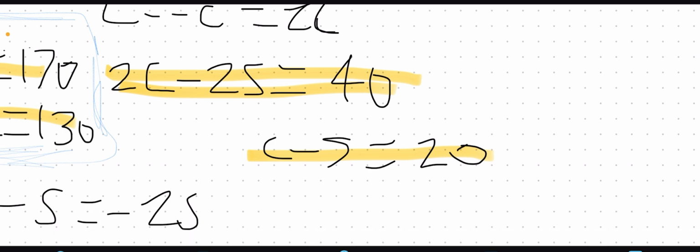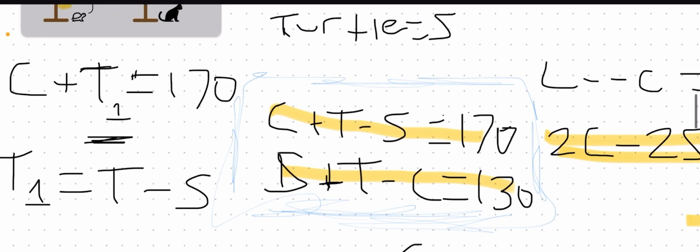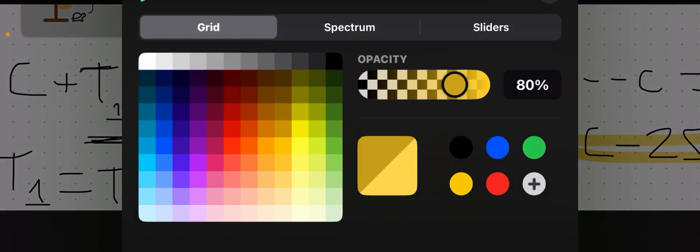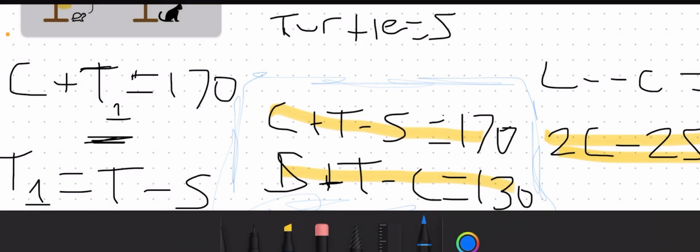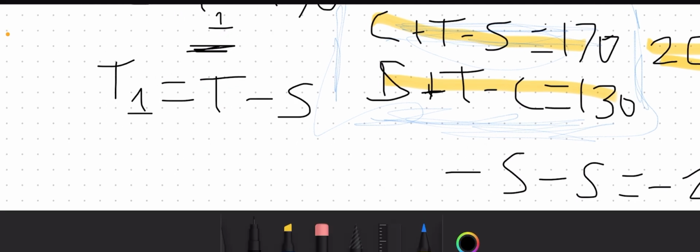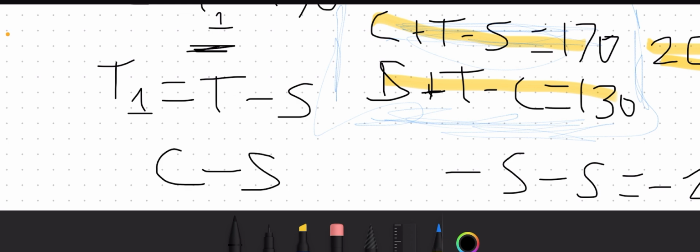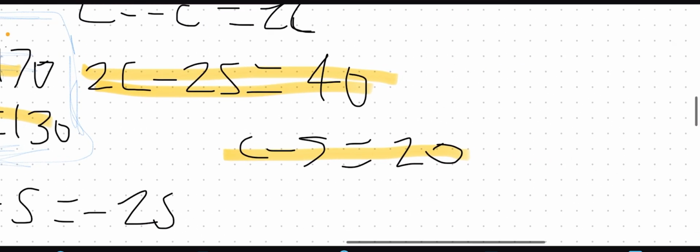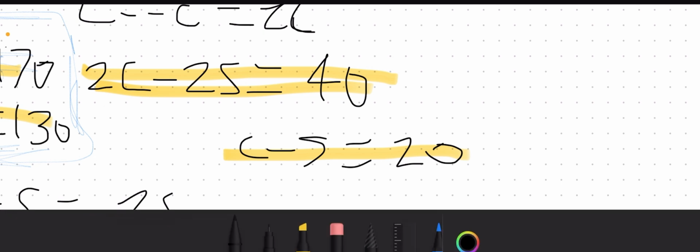But if you look at this equation right here, C plus T minus S equals 170, we can actually rearrange that just a little bit. I'm going to write that as C minus S plus T equals 170. It's important that I do that because right here, we know what C minus S is.